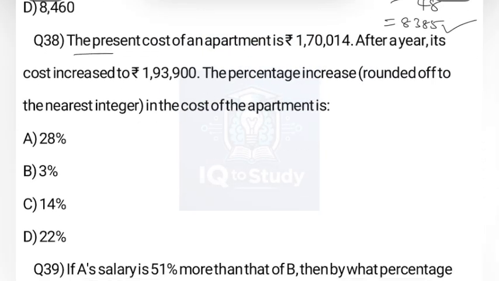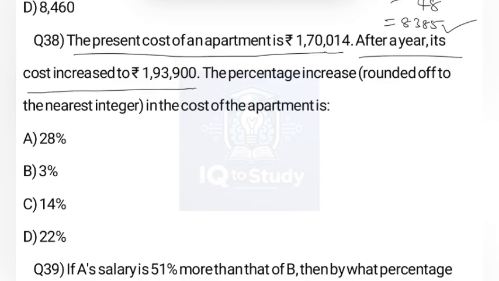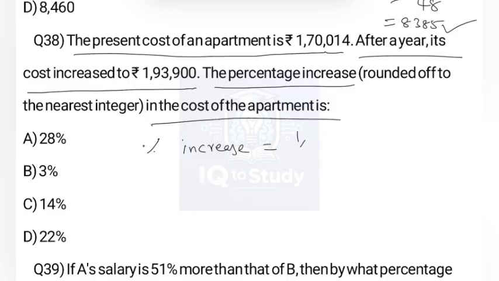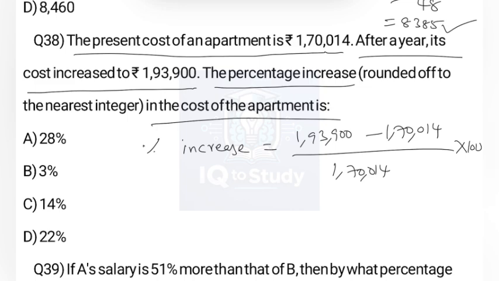The present cost of an apartment is 1,70,014 rupees. After a year, its cost increased to 1,93,900. The percentage increase in the cost of apartment is: so percentage increase is equal to 1,93,900 minus 1,70,014 divided by 1,70,014 into 100.